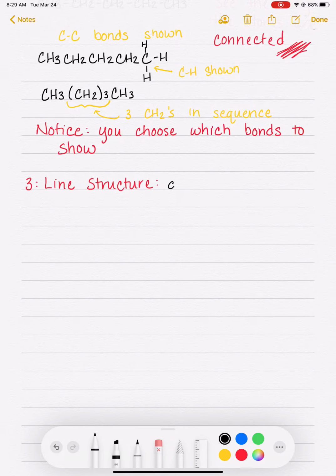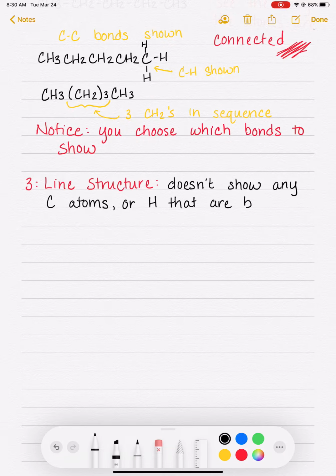The line structure doesn't show any carbon atoms at all. They are implied. It also does not show hydrogen atoms that are bonded to carbon.